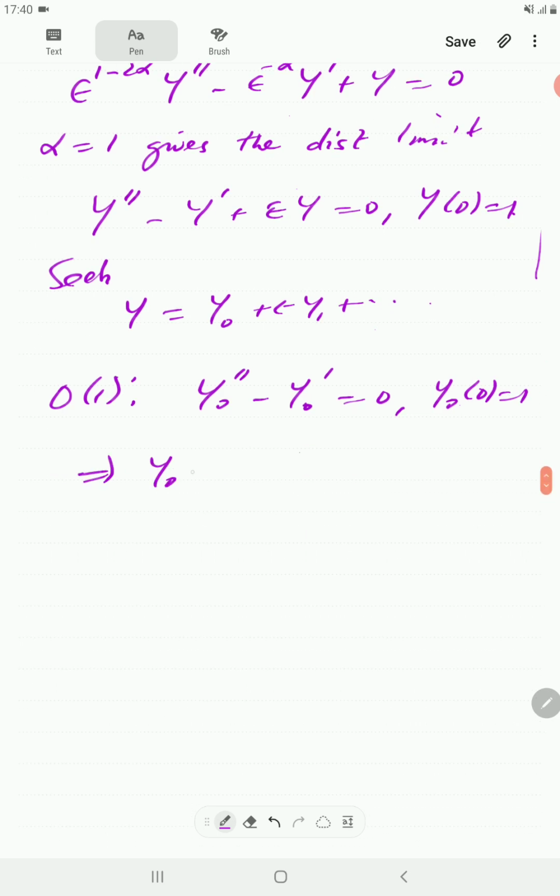Solving this gives us y naught is equal to 1 plus a e to the power xi minus a, where a must be determined by matching with the outer solution.